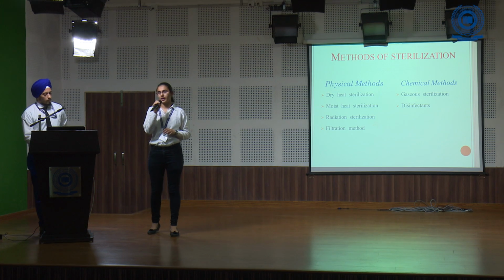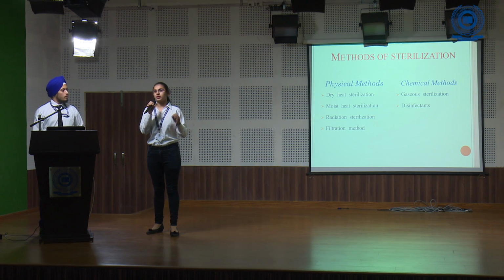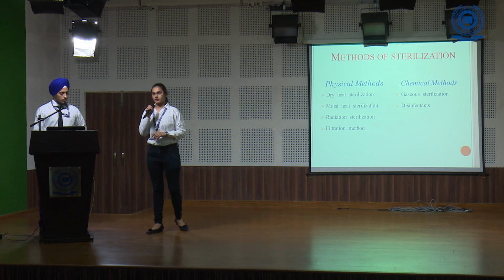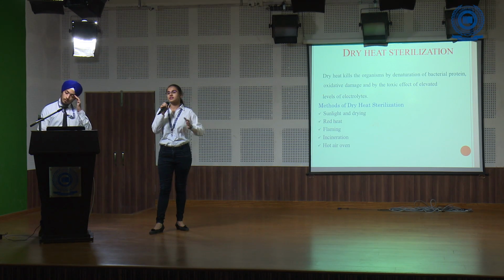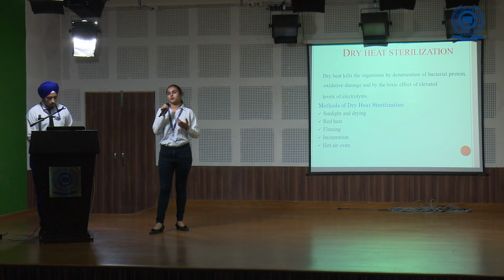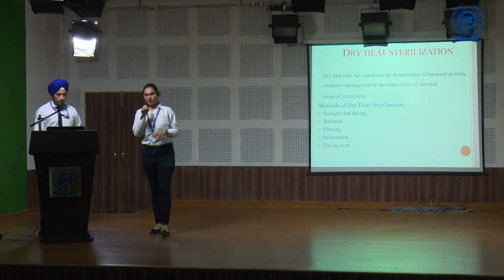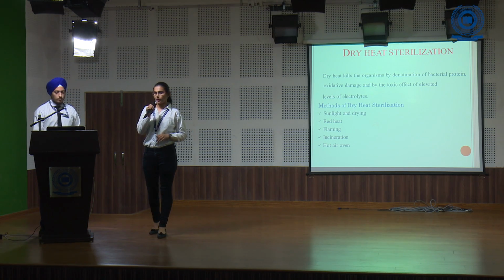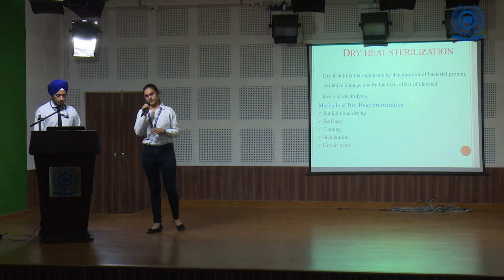As we all know, dry heat is the most reliable and rapid form of sterilization. Dry heat kills bacteria by denaturation of bacterial protein, oxidative damage, and the toxic effect of elevated levels of electrolytes.